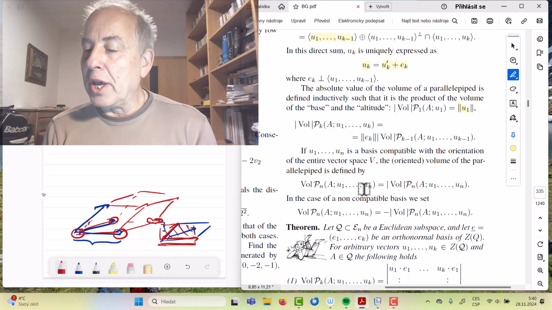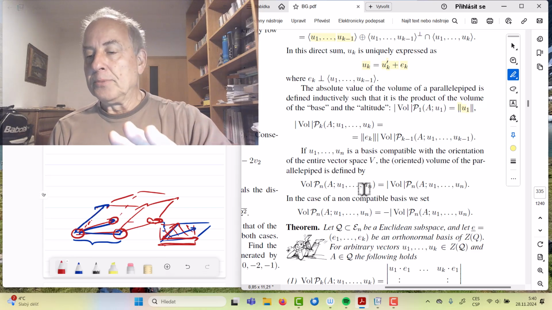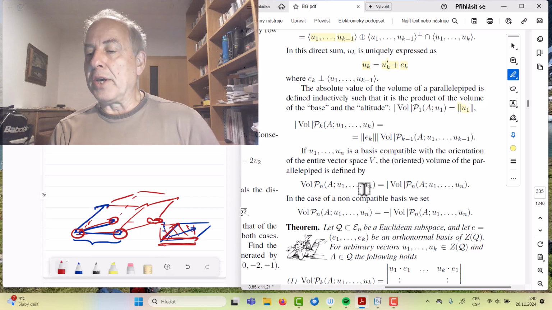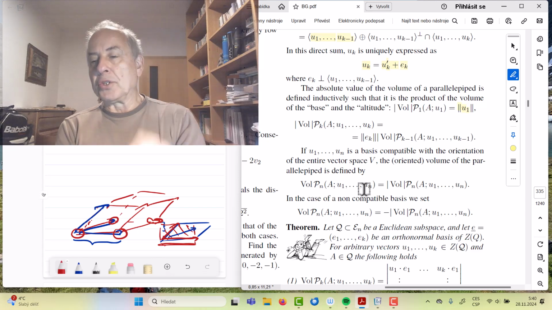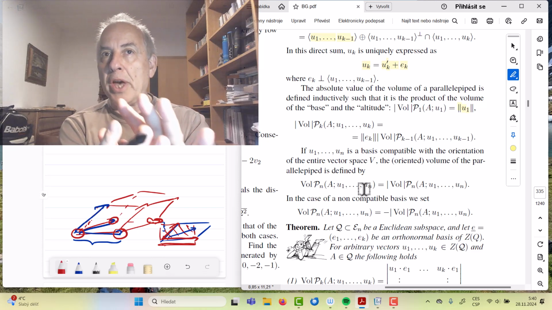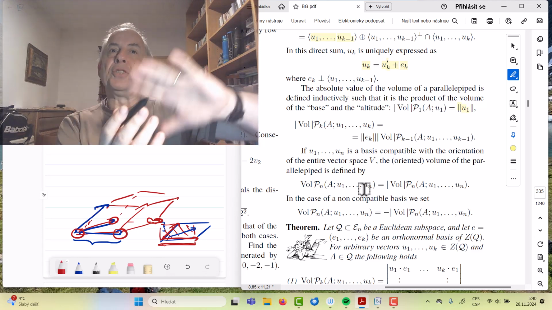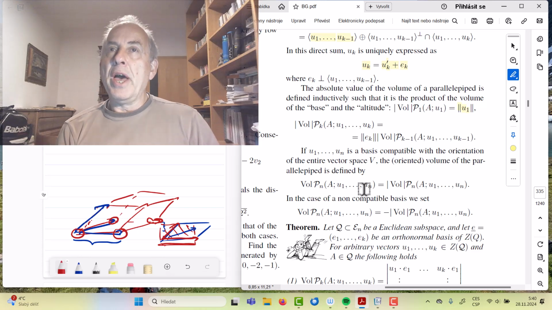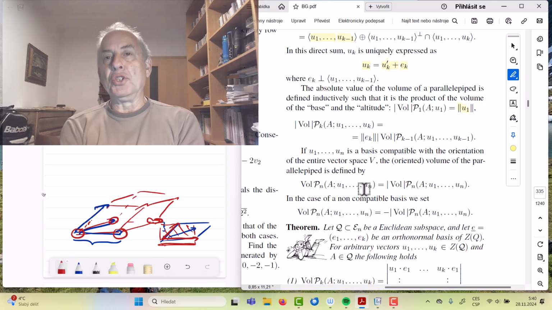Of course, if we take, say, a plane in R3 and we fix the orientation of the ambient R3, then there will be a preferred orientation of the plane which is inherited, right?